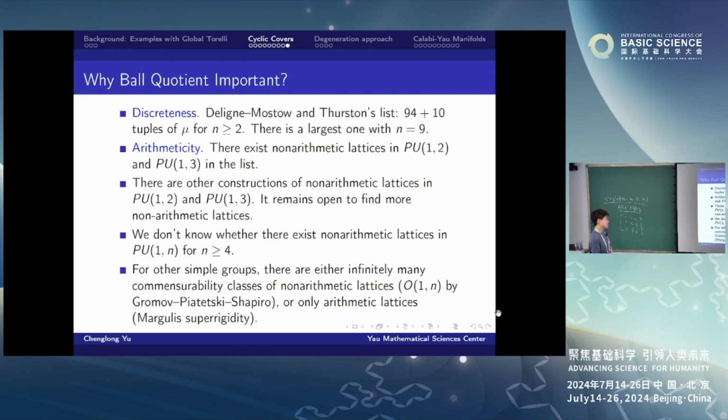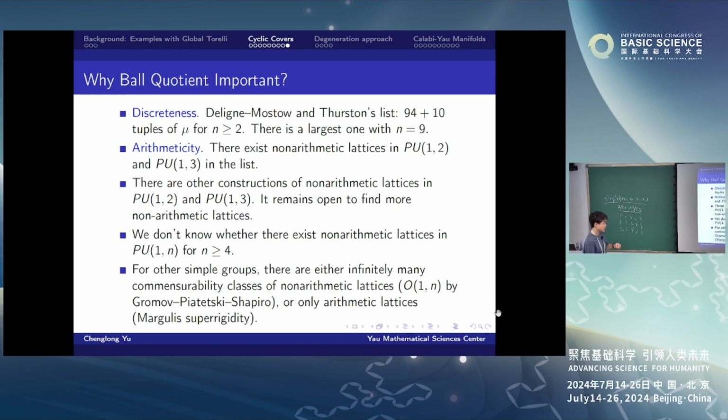And in the remaining 2 cases, PU1n or O1n, which correspond to complex hyperbolic geometry or real hyperbolic geometry. For real hyperbolic geometry, Gromov, Piatetski-Shapiro already give you infinitely many classes of non-arithmetic lattices. Here commensurability means they differ by up to a finite cover.